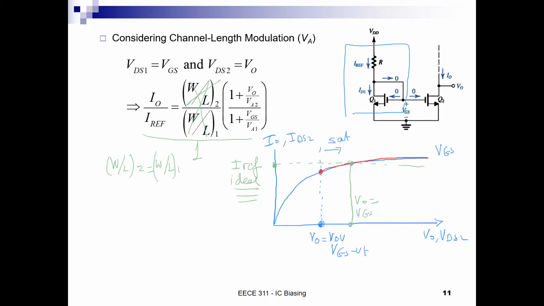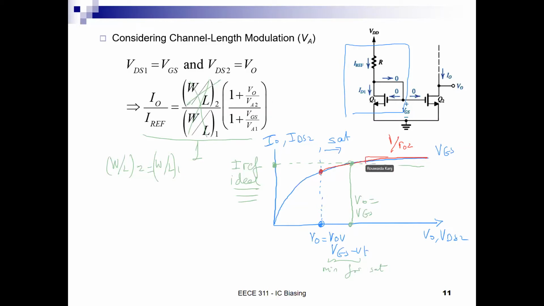Okay, so VO equal VOV, this is the minimum voltage for saturation. And at VO equal to VGS, I can get my ideal value. Beyond this point or before it, I will get distortion, and this distortion is proportional to what? The slope of this line here is really 1 over RO2, right?